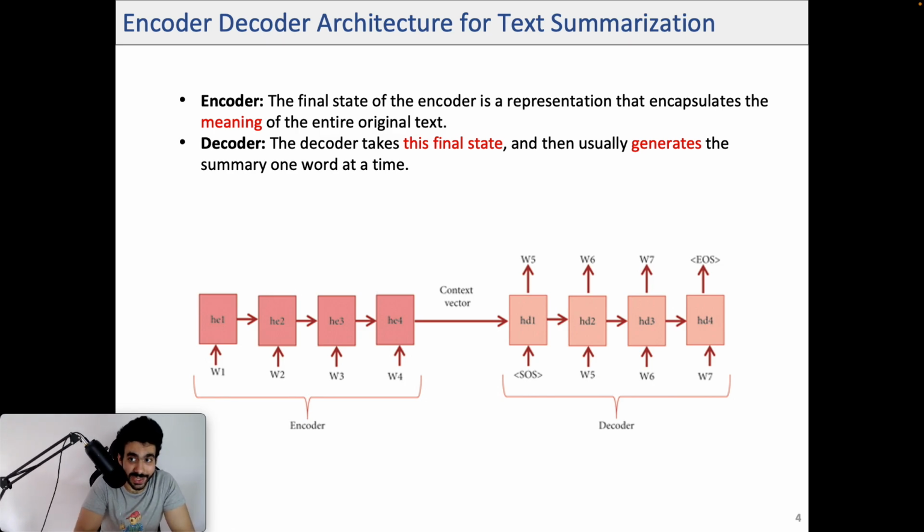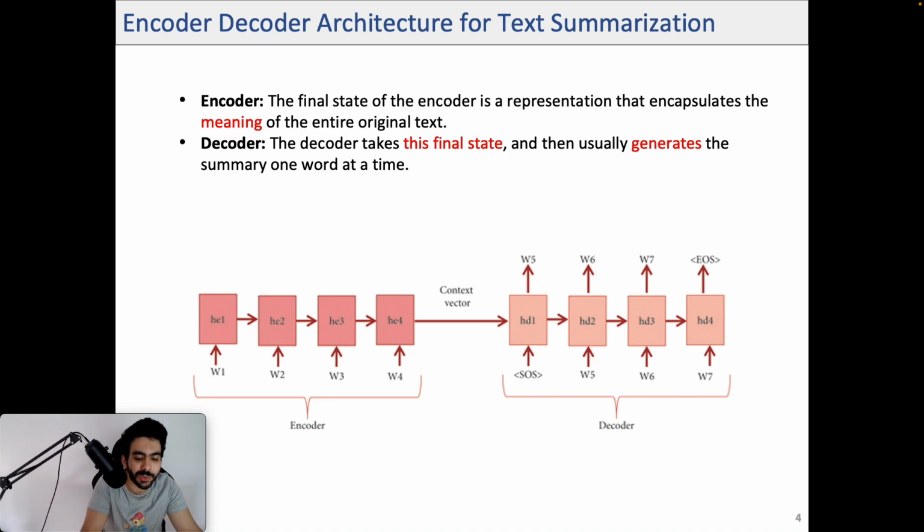In text summarization, the original long piece of text is input to the encoder. Each word in the text is typically represented as a word embedding or a vector, which is then processed by the encoder. And the final state of the encoder would be a representation that encapsulates the meaning of the entire original text, to have an understanding of what this text is about.